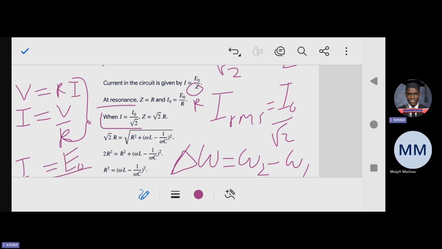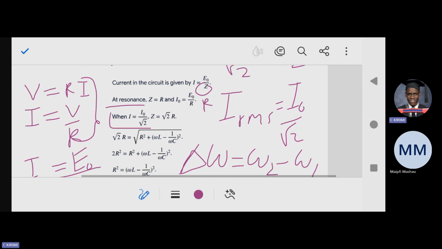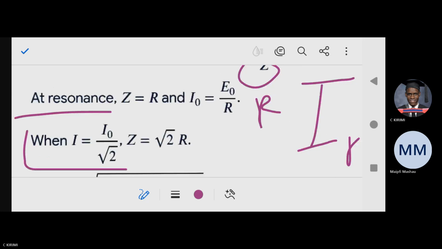It means Z, the impedance, which means now we are using Z is equal to R, isn't it?